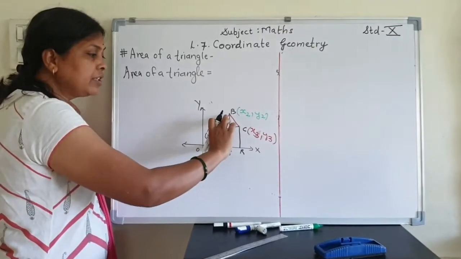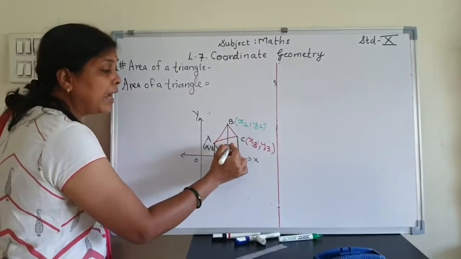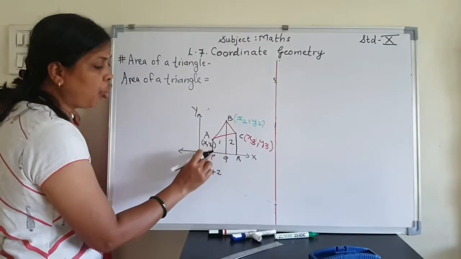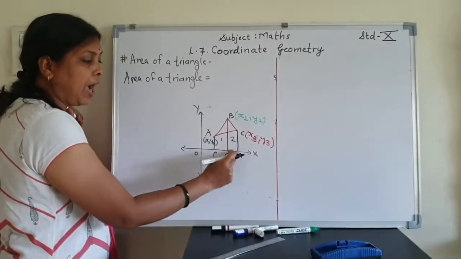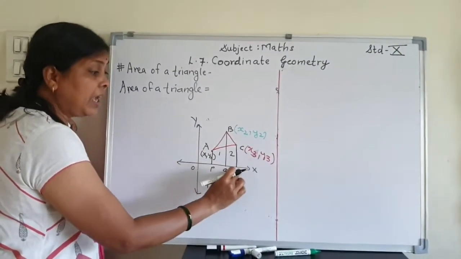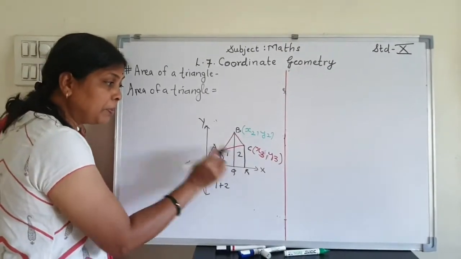If you take this one trapezium, I'll name it number 1, and the second trapezium, that means 1 plus 2, you will get this whole figure A, B, C, R, P, a 5 sided figure. Now that is 1 plus 2.